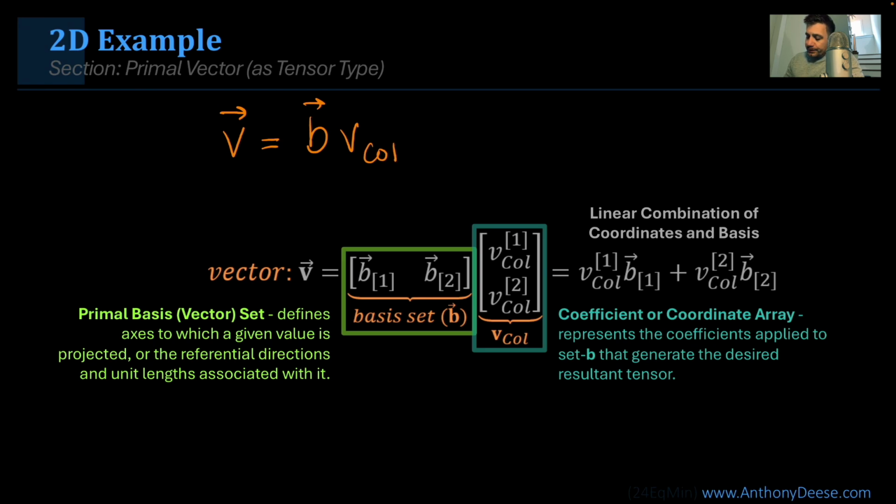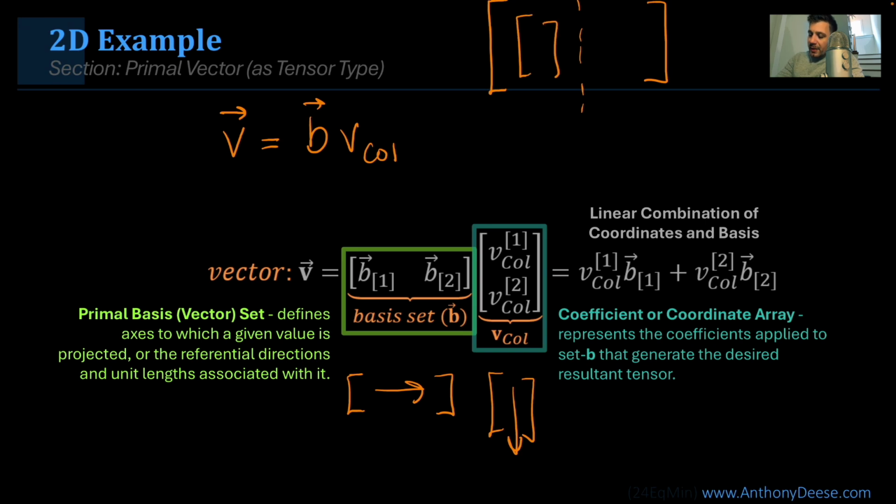Now, we must represent the coefficient array as a single column, and we represent the basis set as a single row. Although we can think of it as a matrix, because it's a single row, each sub-element, depending on how you look at it, can be thought of as two columns of values. I don't want to get too caught up in that because we'll see why that makes sense later. Let's try to keep it simple at this point.